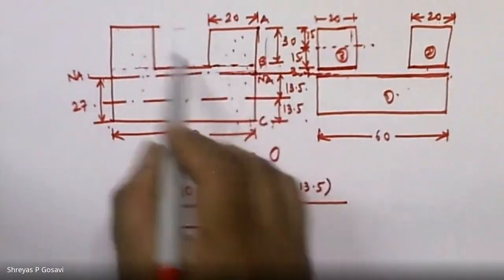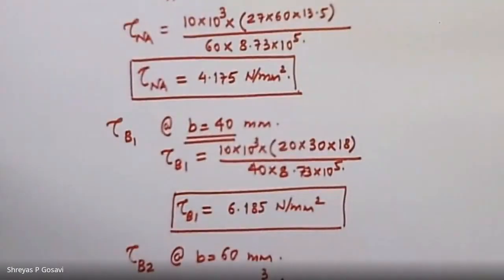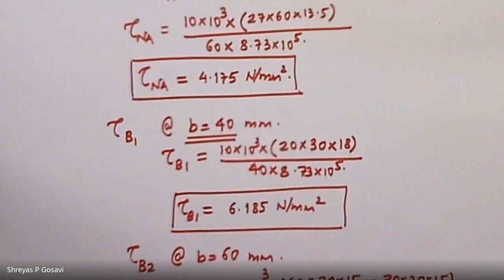So A1 Y1 is 60 into 30 into 15 minus A2, that is 30 into 20 into 15, divided by B equal to 60 multiplied by moment of inertia, that is 8.73 into 10 raised to 5.